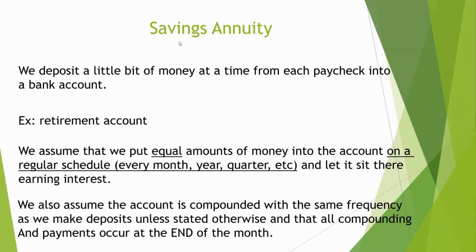So if you're getting paid monthly, let's say, a certain percentage of your paycheck, how much depends, goes into a special account that you have, a retirement account. I have this also, where some of my paycheck goes into my retirement account every time I get a paycheck. So this is something people do.